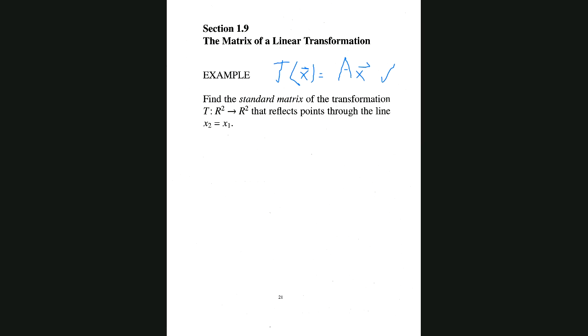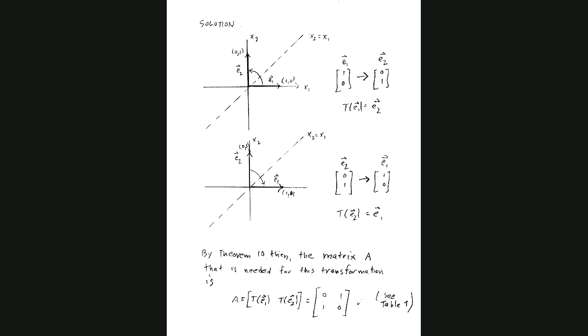So we learned that for this problem, reflecting points about the line x2 equals x1, I'm just reviewing a little bit. We can take the E1 and E2 vectors, which correspond to the i, j vectors, and study the transformation of those vectors. For instance, the point 1, 0 got mapped to 0, 1, so the transformation of E1 was E2.